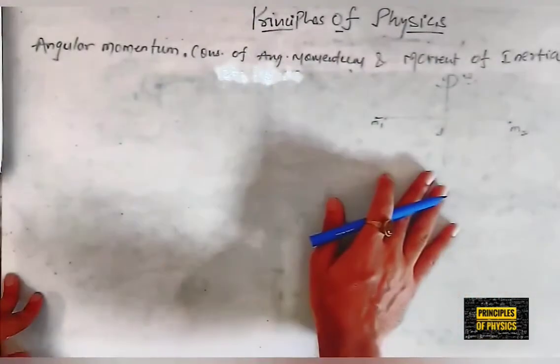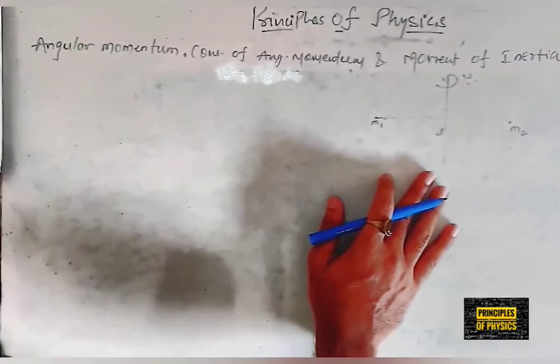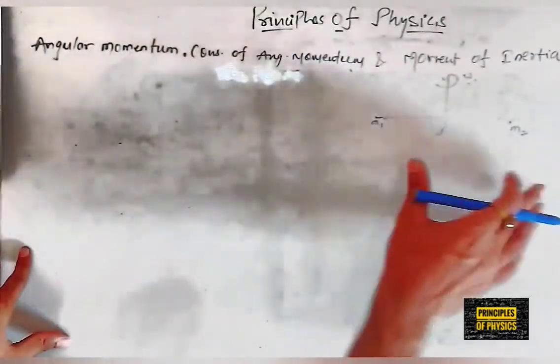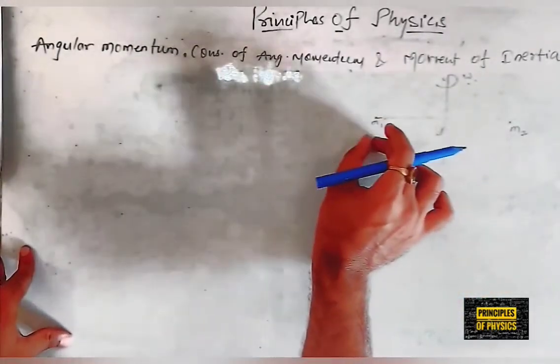So what we are going to do first is find the center of mass of this system, the distance of the center of mass from m1 and m2.